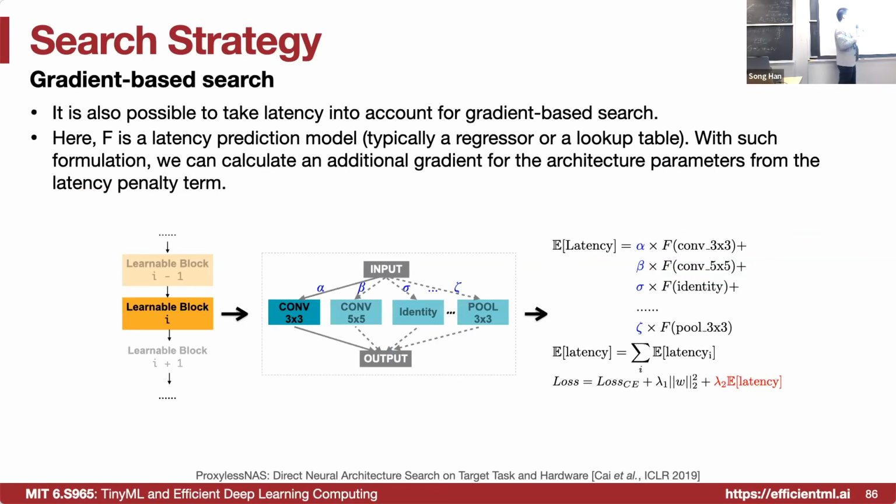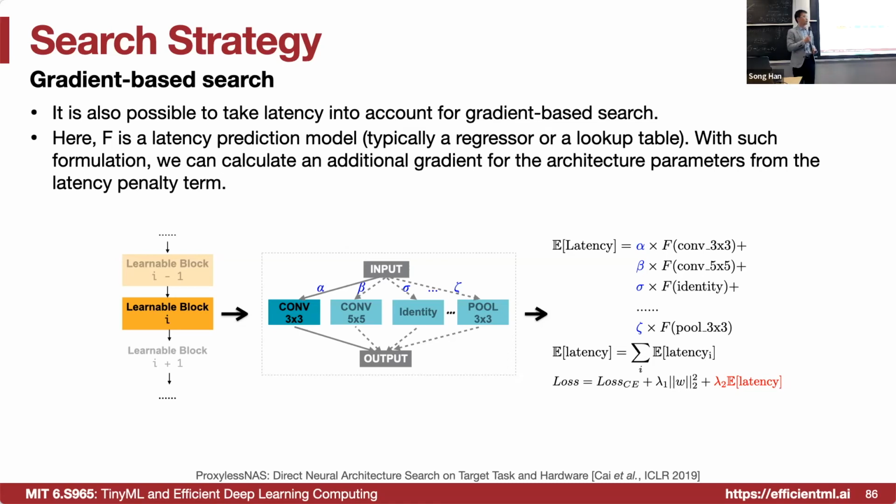For example, we have 4 different choices in this layer: 3x3, 5x5, identity, pruning, and this is the probability of choosing each one. So the expected latency will be a weighted sum of different building blocks, multiplied by alpha, beta, etc. So finally, the expected latency is a function of these architectural parameters.